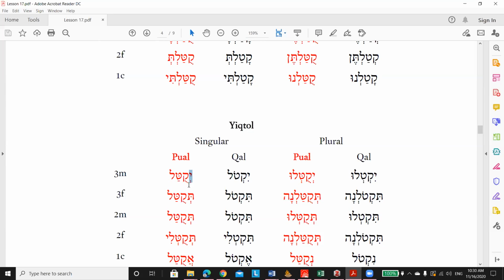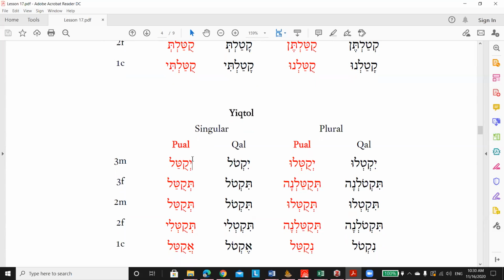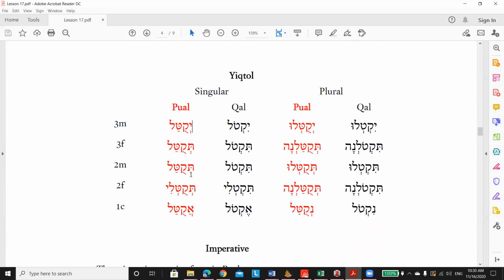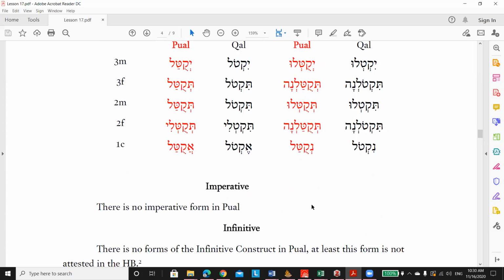So this kibbutz is a distinctive feature which can help us to identify this stem as Pual. Okay, and after that we just need to add the prefixes, in this case, prefixes.